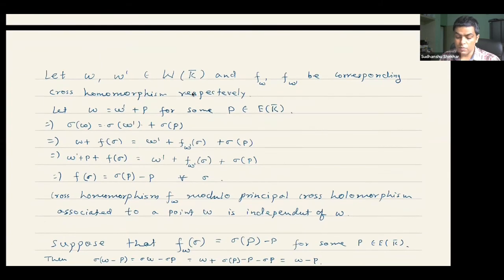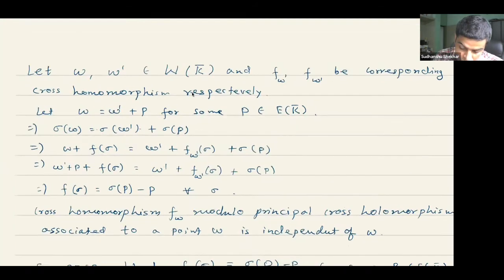Now we need to see that this is independent of choice. We want to associate a cross homomorphism to a principal homogeneous space, independent of the chosen point, and that's also immediate.